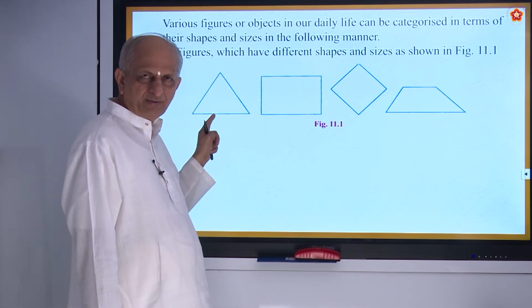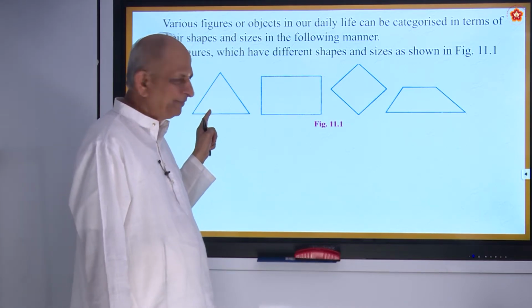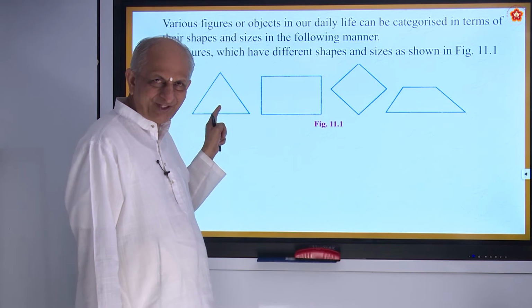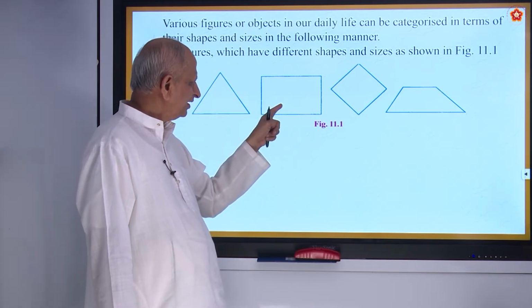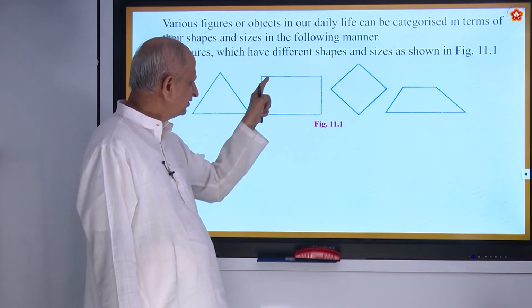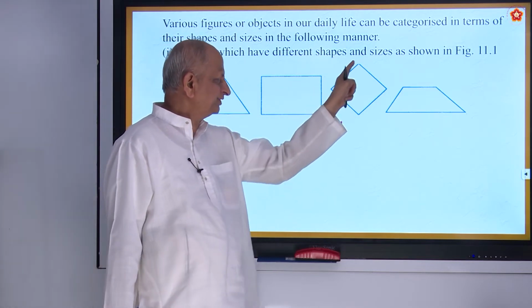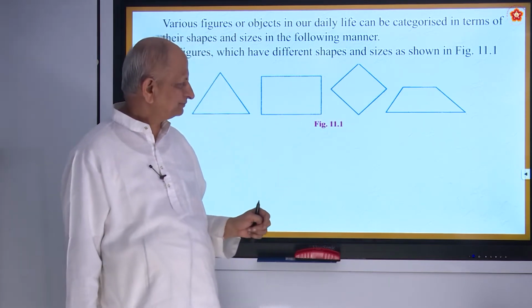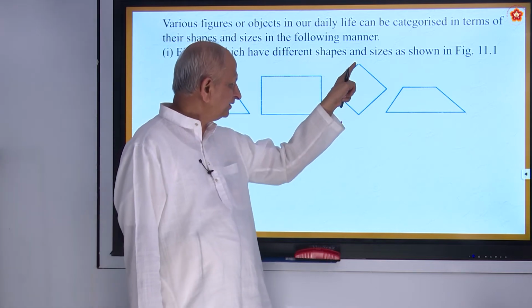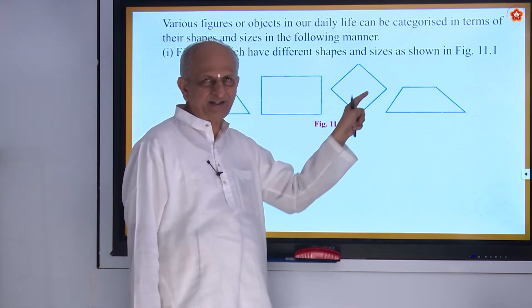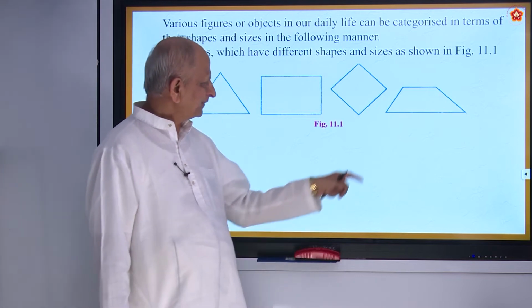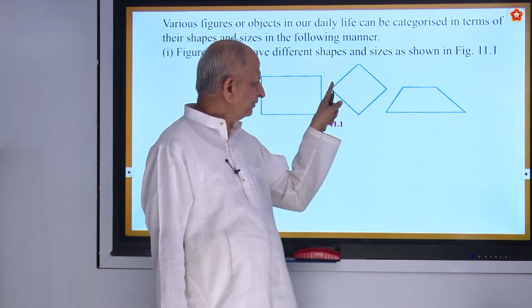What is this called? Triangle. How many sides does it have? 3 sides. What is this called? Rectangle. How many sides? 4 sides. What is this shape? Rhombus. What is its speciality? 2 diagonals bisect at right angles. And all the sides are equal.